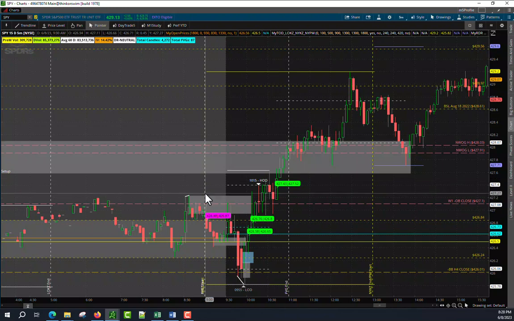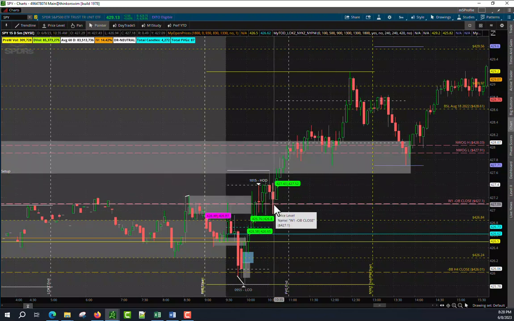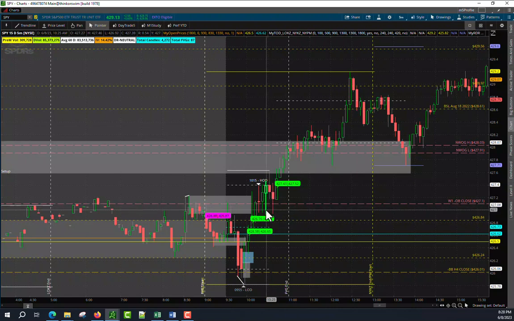Another fair value gap above right here, it has no retest, only a retest right here. It's not a clear fair value gap, but it's a decent trade if we want to take a chance right here, right? We can enter right here.